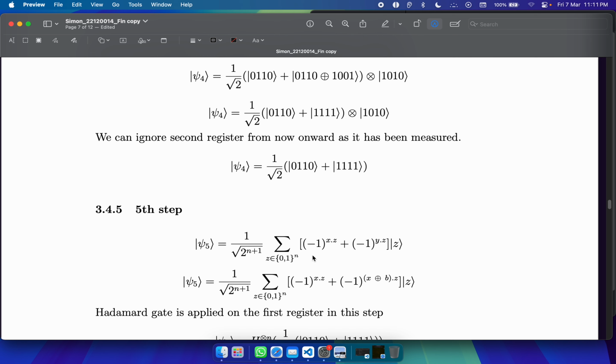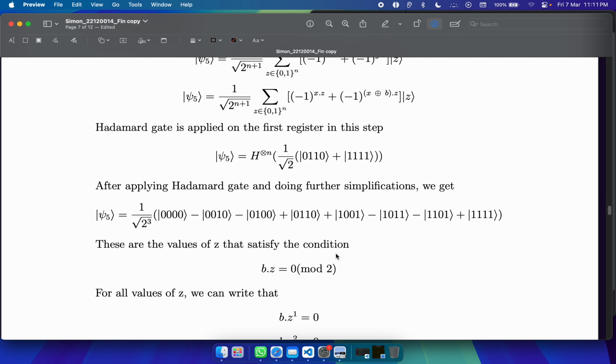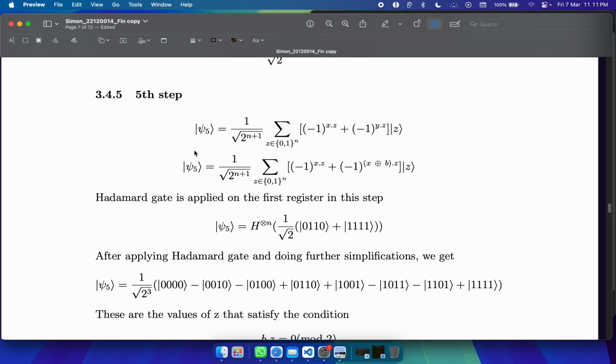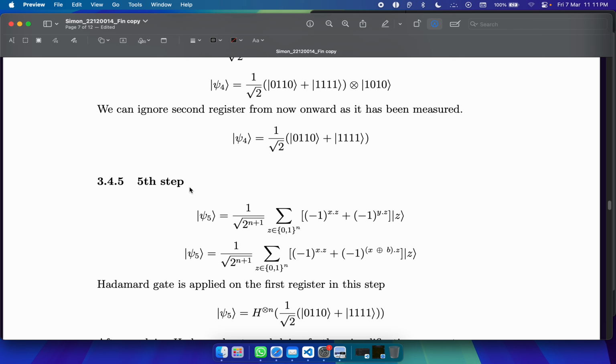So -1 to the x dot z and then -1 to the y dot z. Once you evaluate that, you get such a state. Did I jump right there? I think I did. They haven't yet applied the Hadamard gate, but how did they get this? So you're getting the summation here.